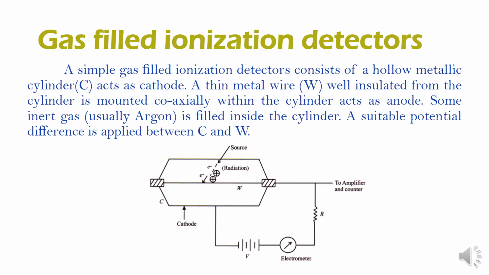Now let us understand the construction and working of a gas-filled ionization detector. Now look at the figure. This gas-filled ionization detector is a very simple device which is made up of a hollow metallic cylinder, and we have named this cylinder by the letter C. Look at the diagram.